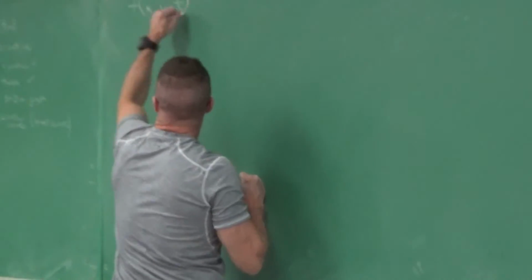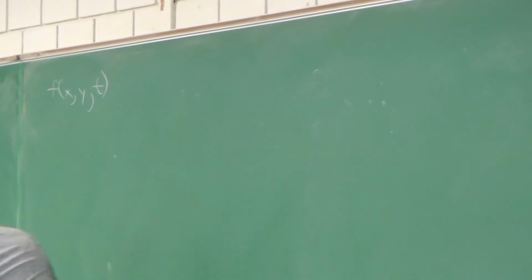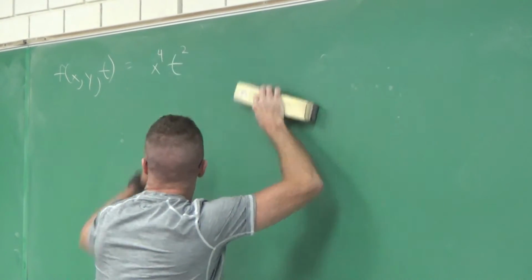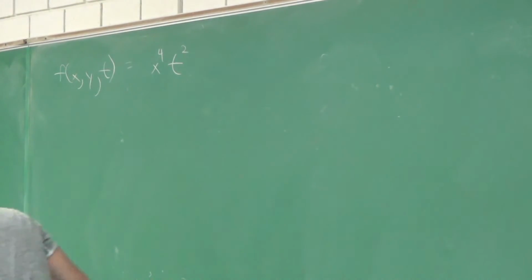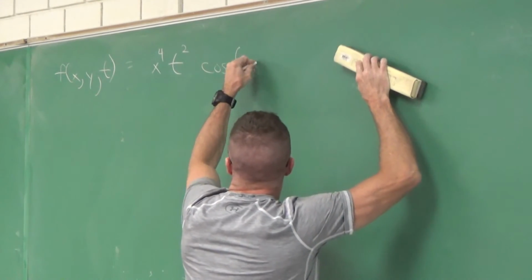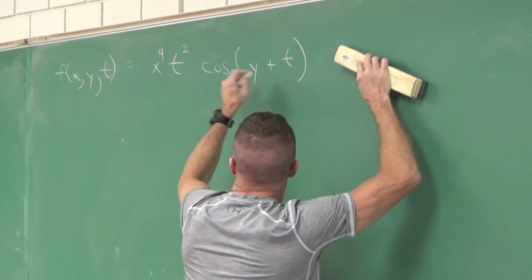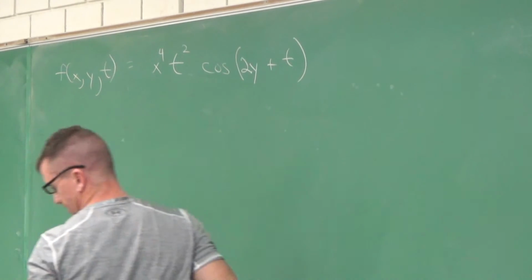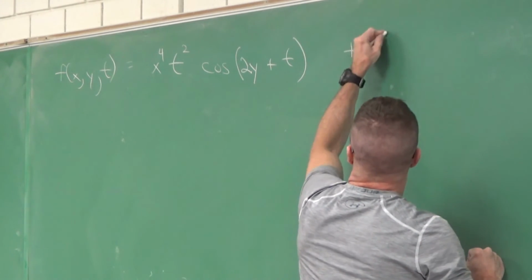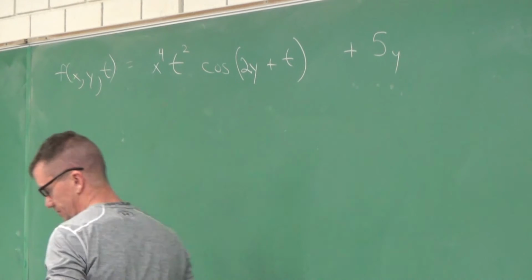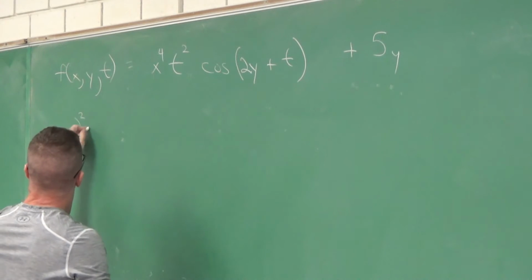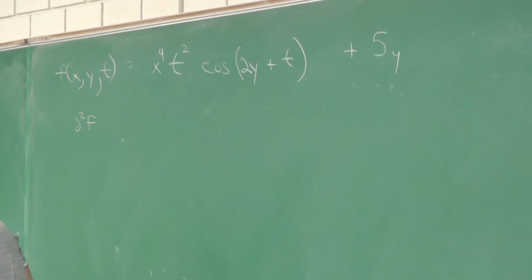Well, I can put a t. x to the 4th t squared cosine, we'll put a 2 there, 2y plus t plus 5y. And I need you to find this. Find the second partial derivative.